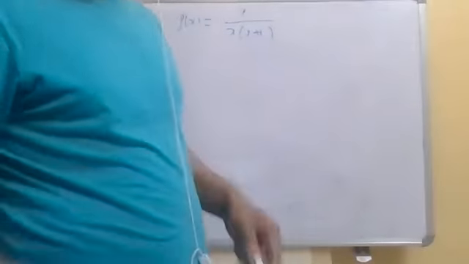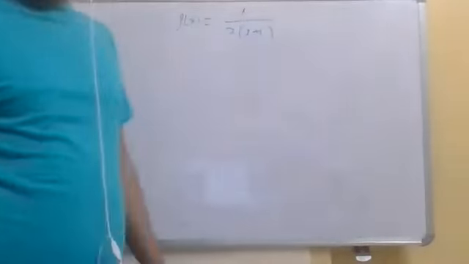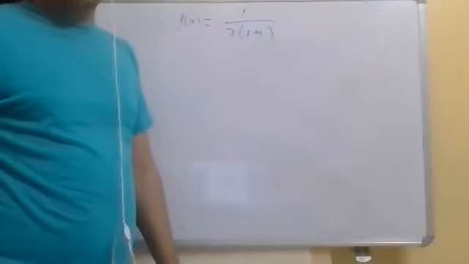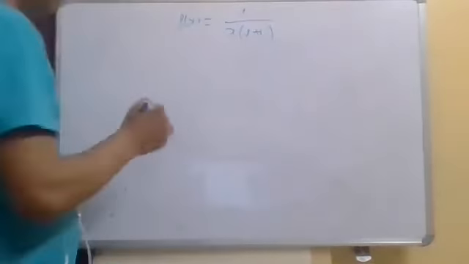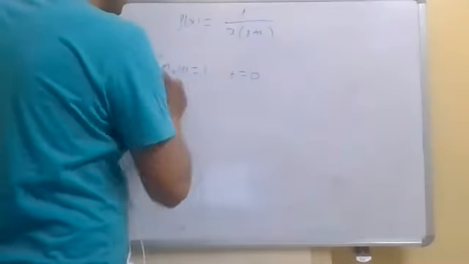You can do it at home. Same concept, just check it. I think M_X(t) should be 1 at t equal to 0. So in this case there is no moment.